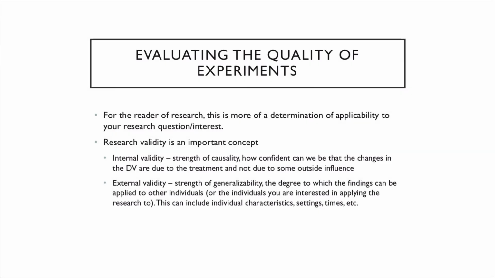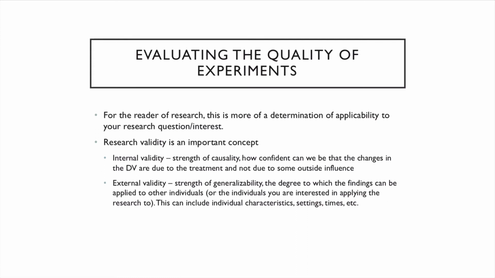All right, enough about statistics for now. We'll get back to some of these statistical concepts later if you're having some troubles understanding. But let's talk about evaluating the quality of experimental studies. We've talked about this over and over in regards to other types of studies and designs.